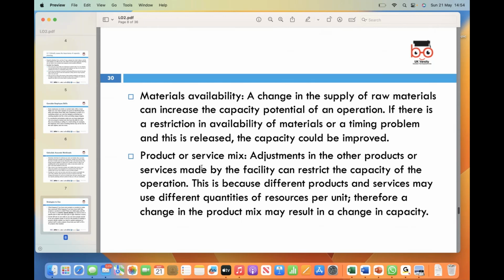For example, consider a restaurant that serves both burgers and pizza. The process of preparing a burger may require fewer resources compared to making a pizza. Also, if the demand for pizza suddenly increases and the restaurant needs to allocate more resources to pizza production, it may result in a decrease in burger production.